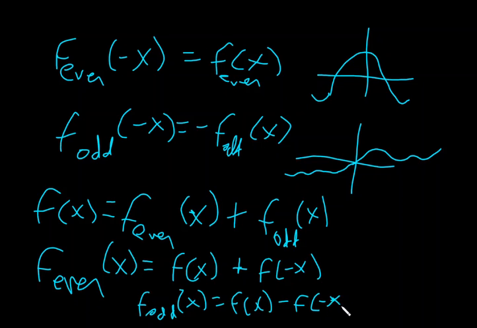And you can actually show easily, one, that these two add up to f of x. That's really easy. And also plug in negative x here, then plug in negative x here, and show that f even of x and f odd of x are indeed even and odd. And then you can add up this even part of x and this odd part of x to get f of x. This is just an important concept in algebra.